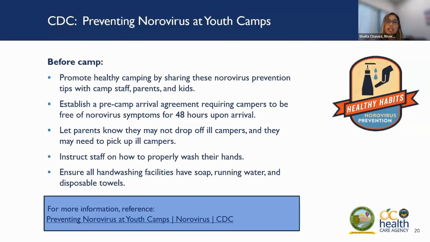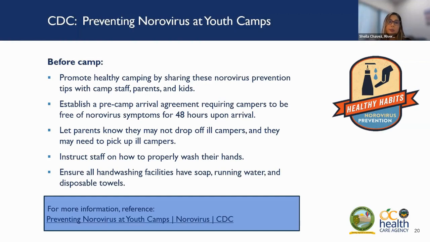Norovirus prevention actually begins before the first camper ever arrives. Preparation and communication are some of the most effective tools camps can have to prevent outbreaks from starting in the first place. The Centers for Disease Control and Prevention has established some guidance to help ensure campers arrive healthy and free of symptoms.